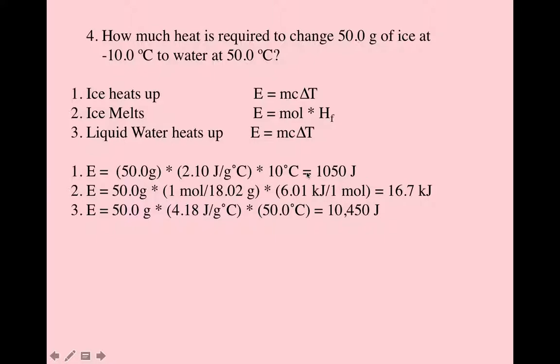I divide 1050 by 1,000. I divide 10,500 by 1,000, which I didn't show here, but I have now 1.050 kilojoules, 16.7 kilojoules, and I should have here 10.5 kilojoules. And I'm just going to double check my significant figures here to make sure I have the right answer here.